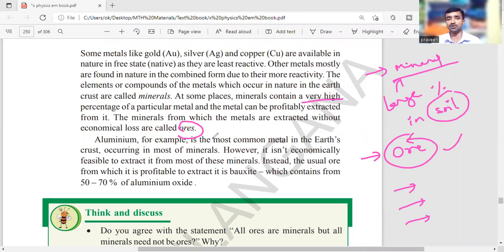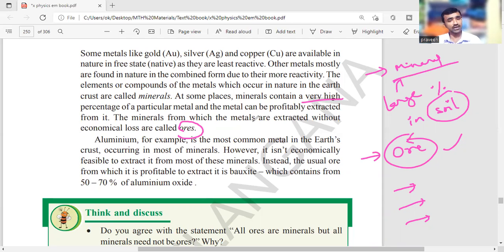Suppose aluminium is given here. Aluminium is the most abundant metal in the layer of the earth crust, right? The highest percentage of metal available in the earth crust soil is aluminium, and the most abundant non-metal is oxygen.